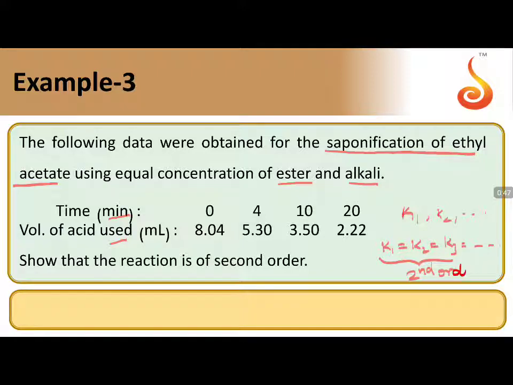So that means we are supposed to prove the reaction is second order, taking each time and finding individual k values. If all the k values are approximately close to each other and nearly the same, then we say the reaction is second order. So let us use this particular data to find that using the formula.